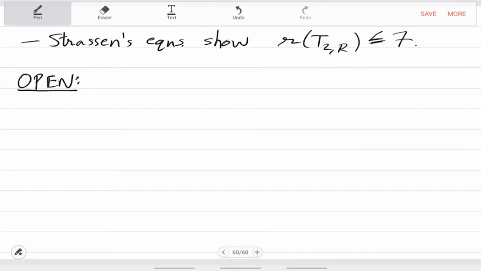Even for T3, this is unknown. So obviously you know that rank of T3 is at most 27, but we don't know its exact value.